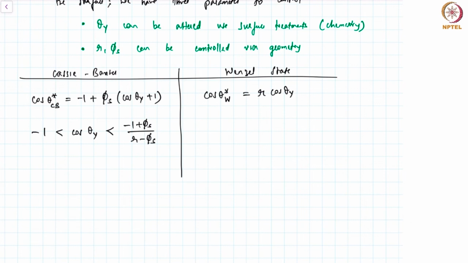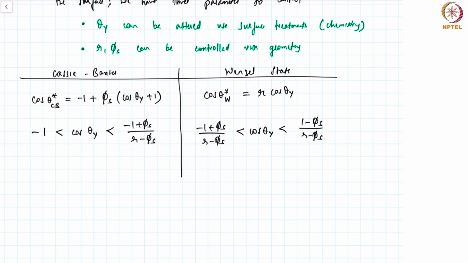And in the case of the Wenzel state, if cosine of theta y lies between minus 1 plus phi s divided by r minus phi s and 1 minus phi s by r minus phi s, then you actually have the Wenzel state.